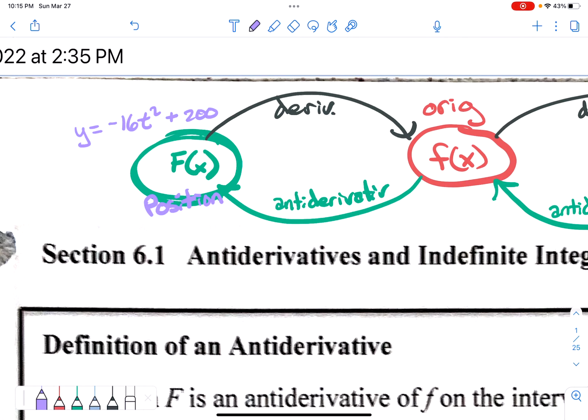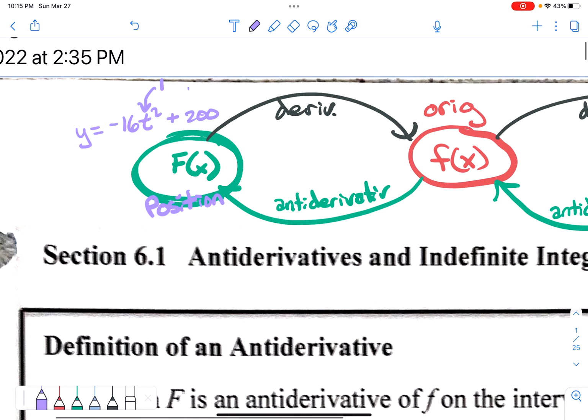And what that's saying is that at a time of 1 second, it will be 184 feet in the air, because I would plug 1 in there and that would tell me how high the rock is. So that's my position function.